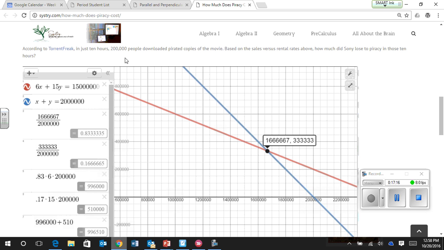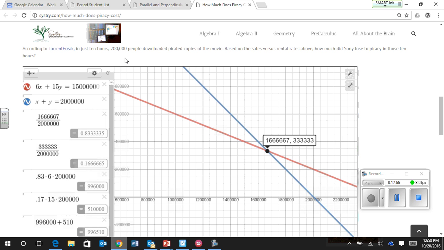So we have 83% of those were the rentals, right? And 16.7% were sales. So if we take 83% times the 6 times the 200,000, they lost $996,000 in the rentals, and they lost $510,000 in the sales.